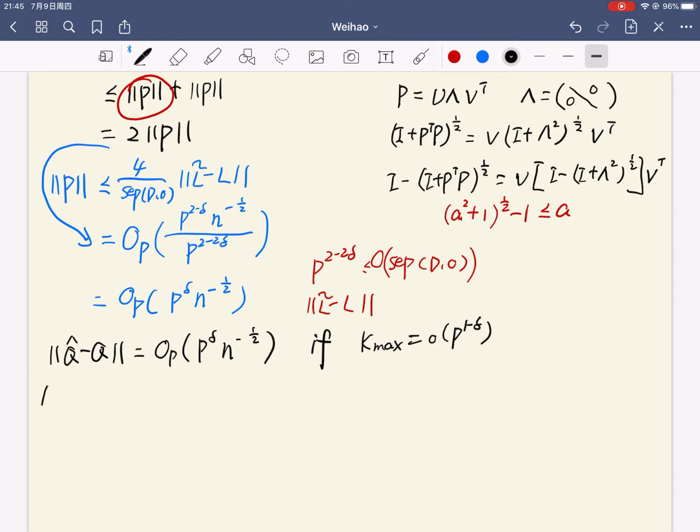Next, let's show the second scenario, which is strong cross dependence.